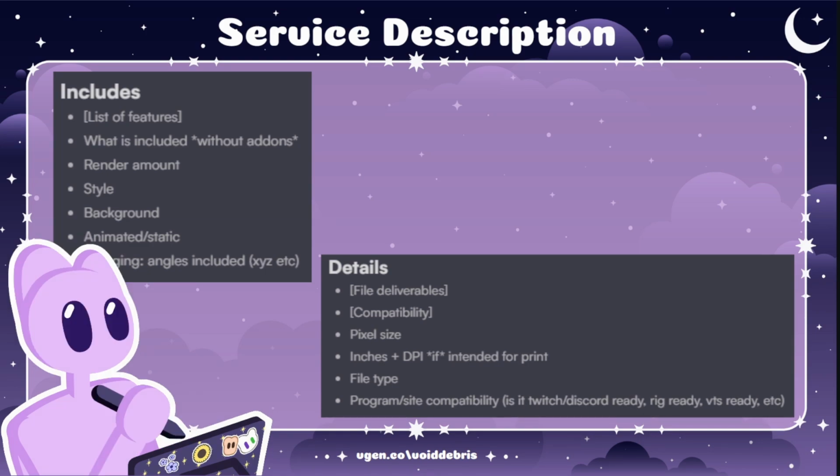Includes. Over here, we want a list of features. So this is whatever's included without add-ons, such as render amount, style, background, animated or static. For things like rigging, you might include angles included, or if there are any toggles included. Under details, we want to include file deliverables and compatibility.